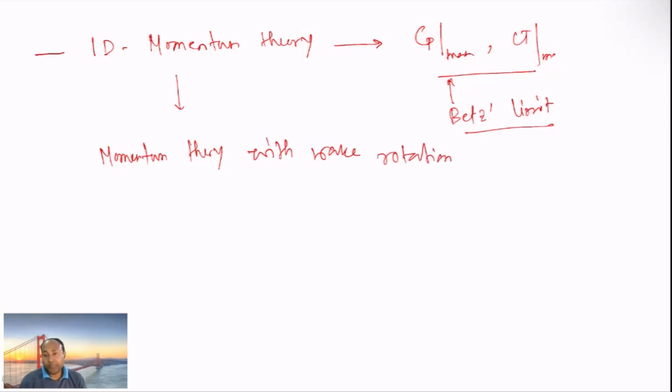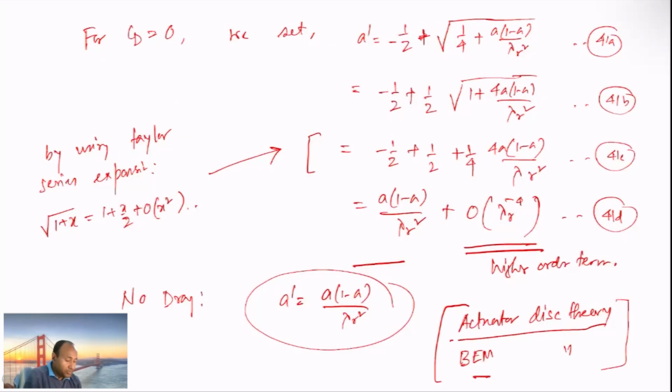So the first one, when we talked about initially, doesn't consider the rotation of the wake, but the rotation of wake can have significant impact in the flow field or the parametric calculations, and then from there we looked at the Betz theory. So these are the things that we have derived so far, and I think we have stopped with this kind of conditions in the last session.